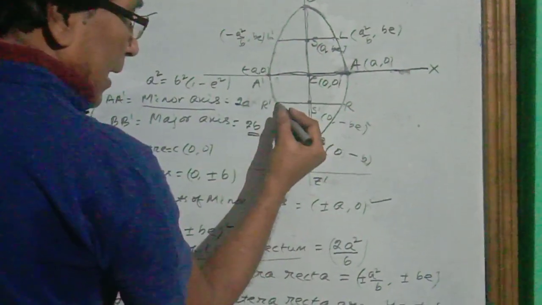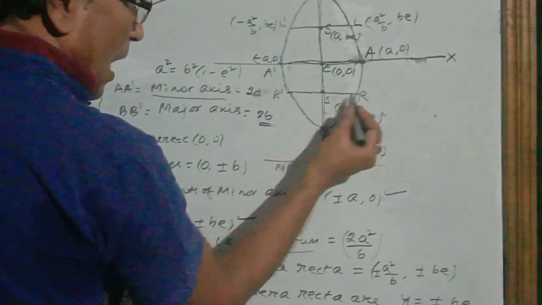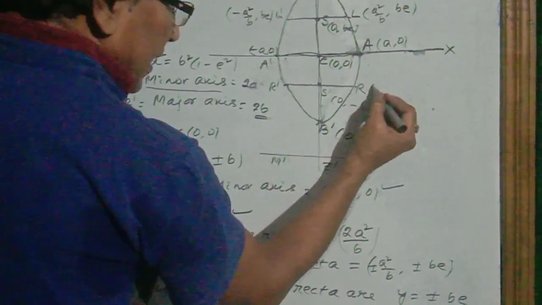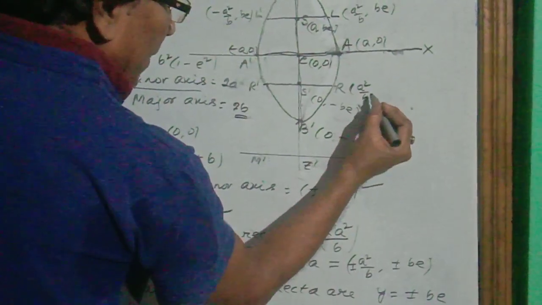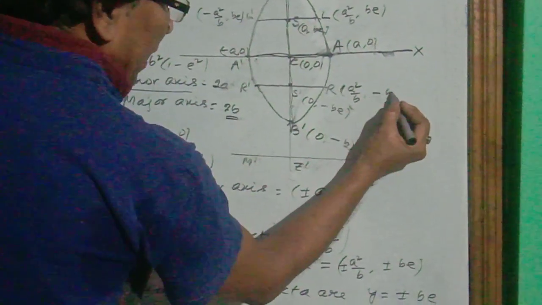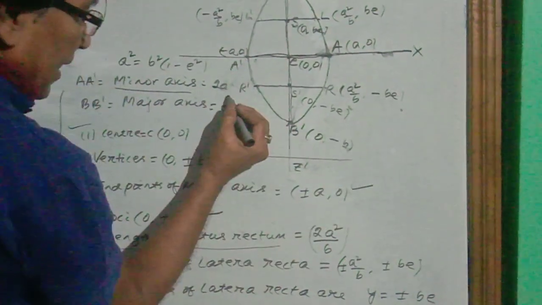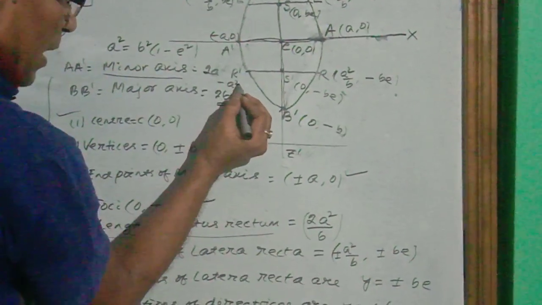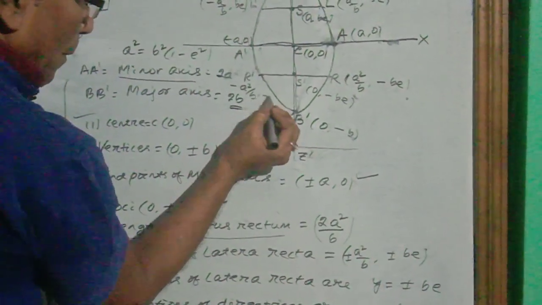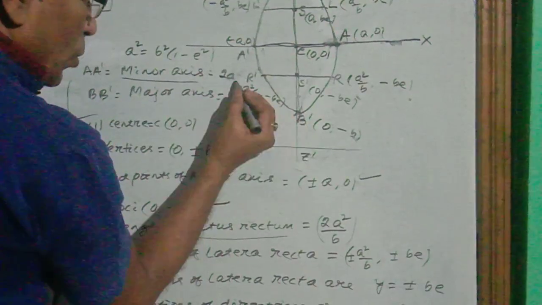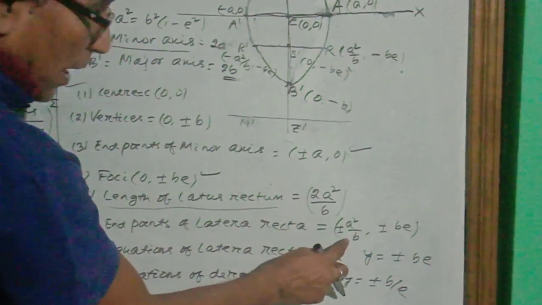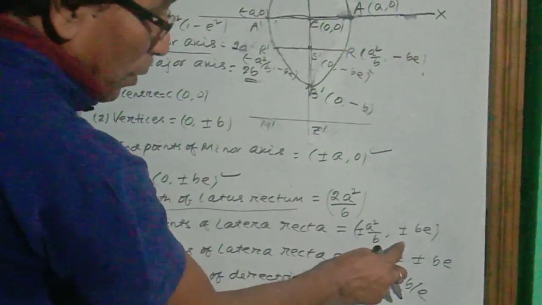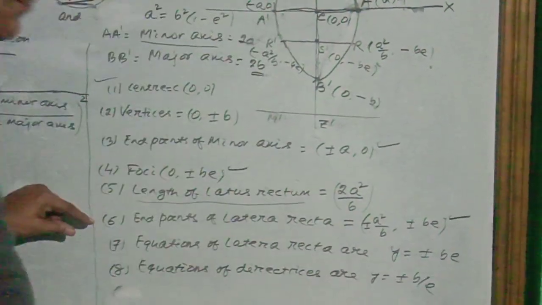Another latus rectum R R dash has endpoints a square by b, minus be, and minus a square by b, minus be. So we are saying that the endpoints of the latus recta are plus minus a square by b, plus minus be.